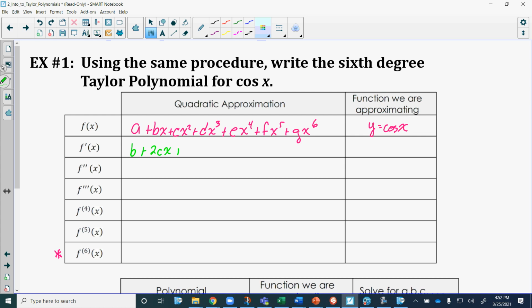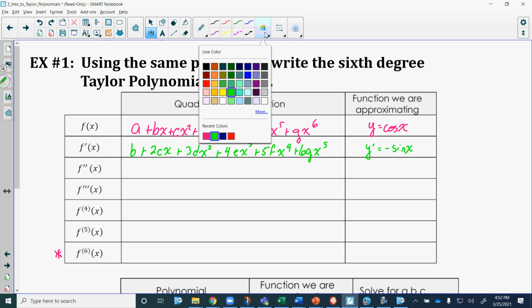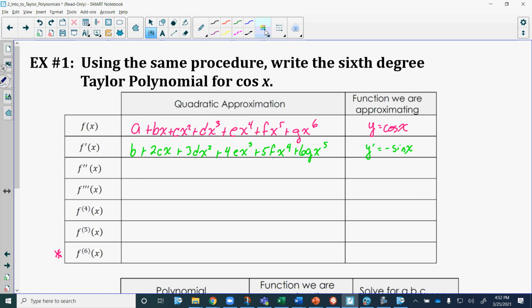But if we keep going, we're going to get plus 3 dx squared plus 4 ex cubed plus 5 f times x to the fourth power plus 6g times x to the fifth power. And the first derivative here would be, again, negative sine of x. And you can kind of see how the rest of this is going to go.